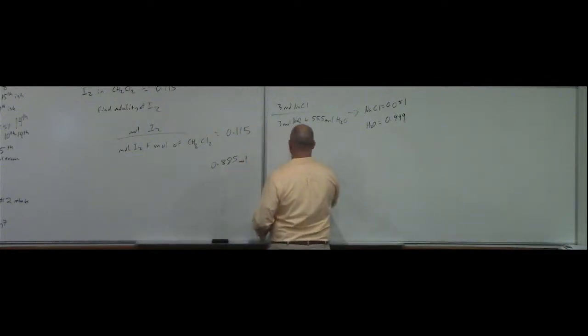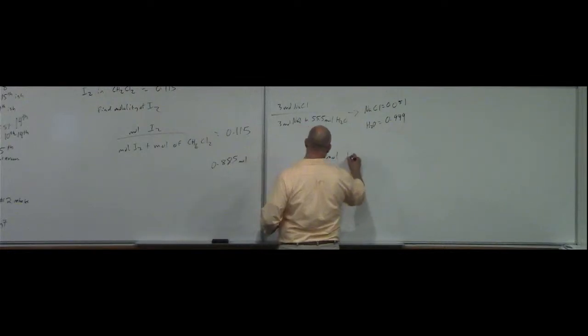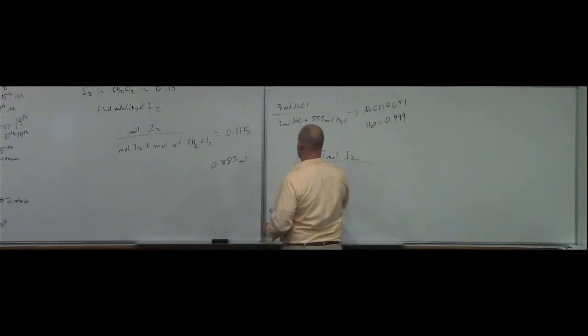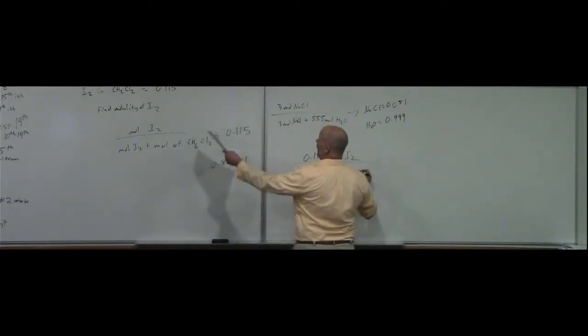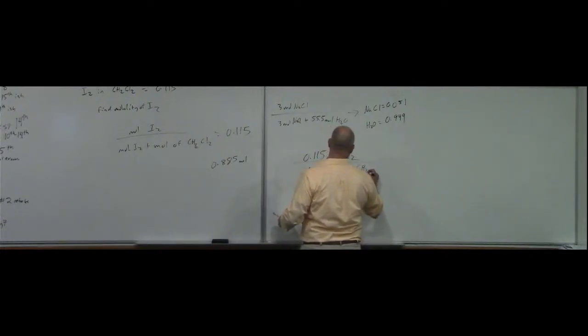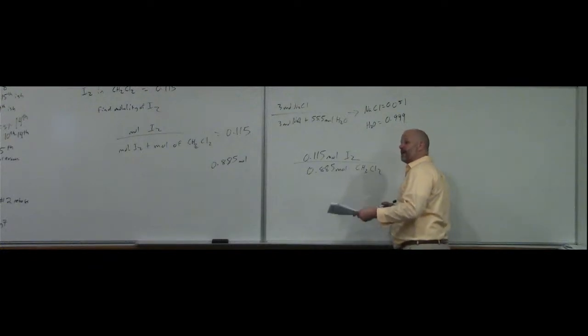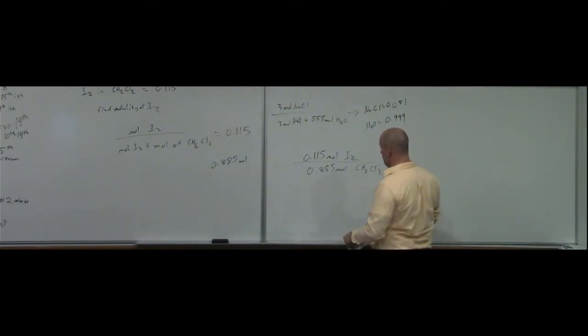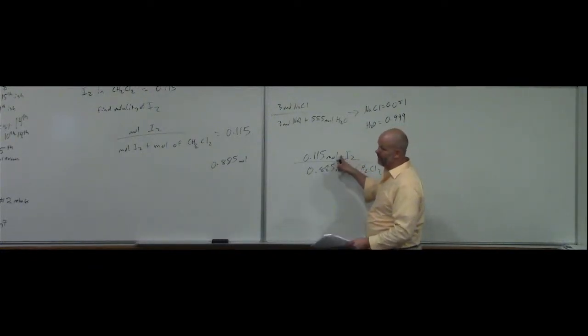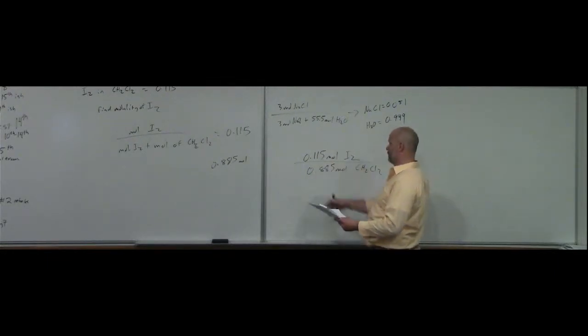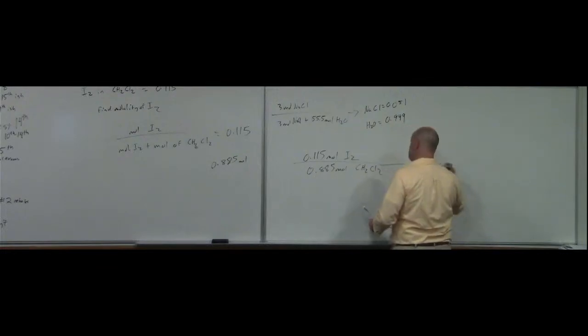So I can go, okay, I've got 0.115 moles of I2 over 0.885 moles of CH2Cl2. I'm trying to get to moles per kilogram. This is already in moles, so I don't have to do anything with that. All I have to do is get back to kilograms. And this is easier than I was originally setting out to do, which is good.